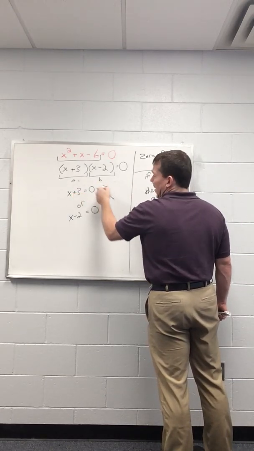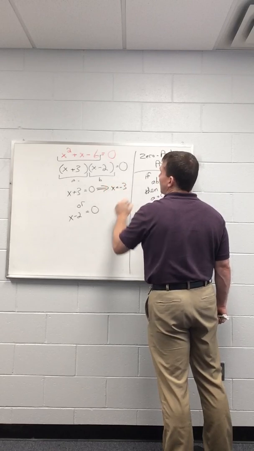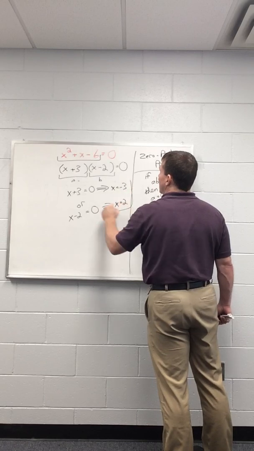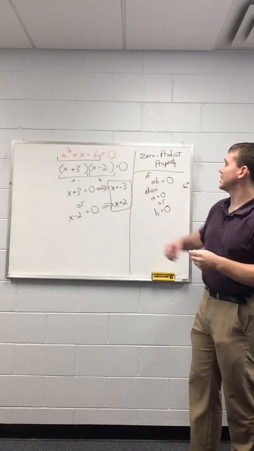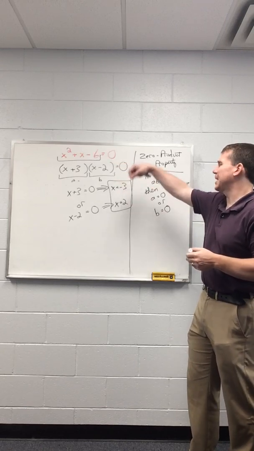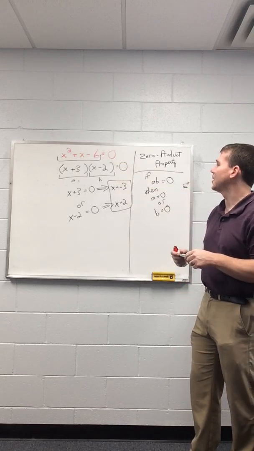Here, subtract the 3, we get x equals -3. Here, add the 2, we get x equals 2. And I get 2 solutions, -3 or +2. I'm not going to take the time to check these, but if you plug them in, they'll work.